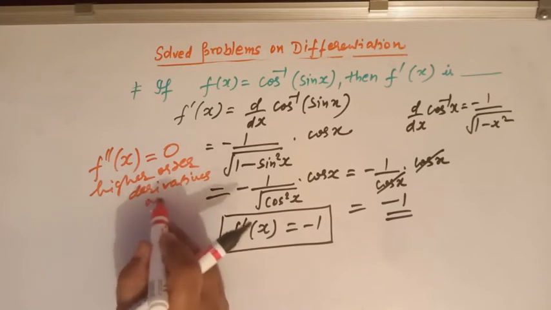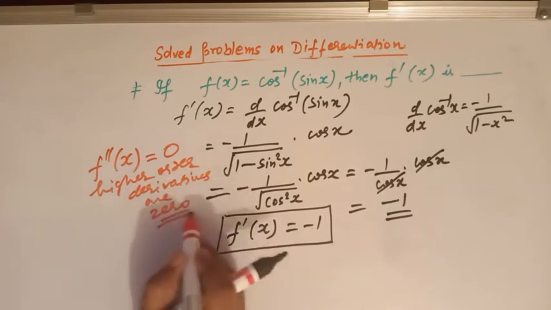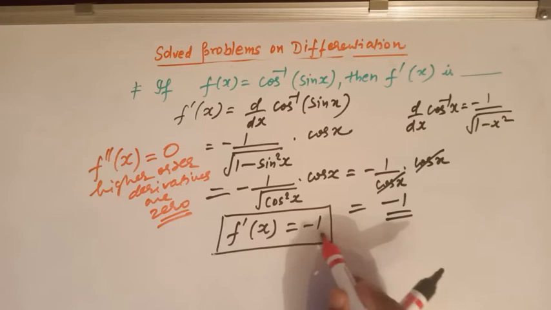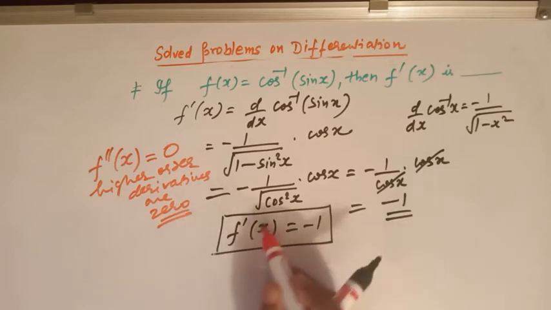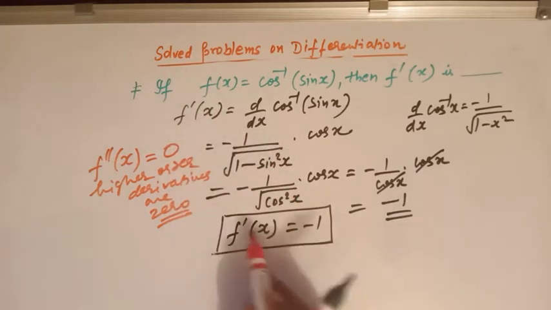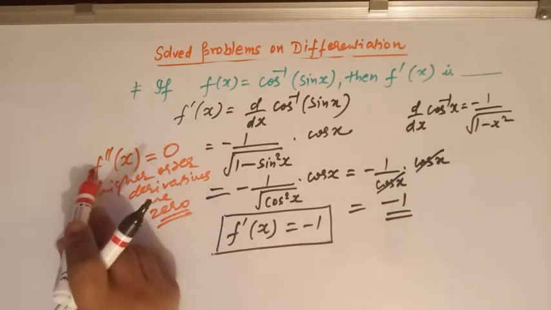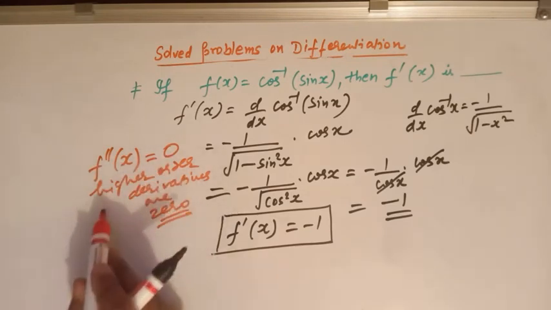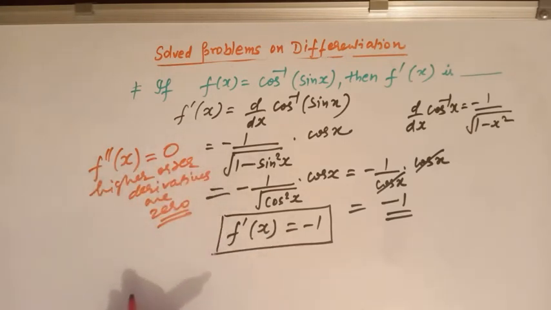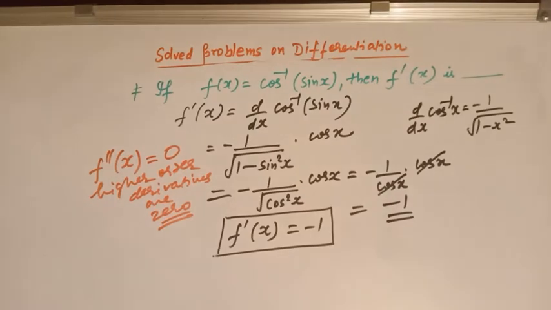This is an important point here, because the first derivative of f of x is a constant. Here we have minus 1, so f double prime of x is 0, and other higher order derivatives are also 0. Clear?